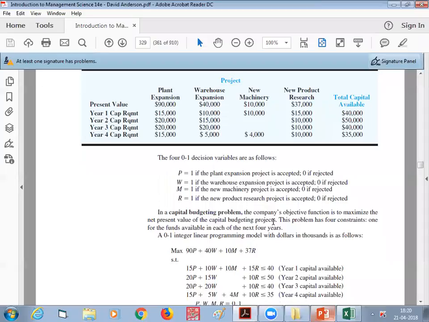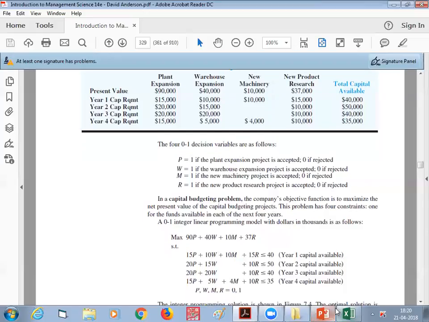In the third year, 20P plus 20W plus 0M plus 10R should be less than or equal to 40. And 15P plus 5W plus 4M plus 10R should be less than or equal to 35. Very simple. So, shall we do it?